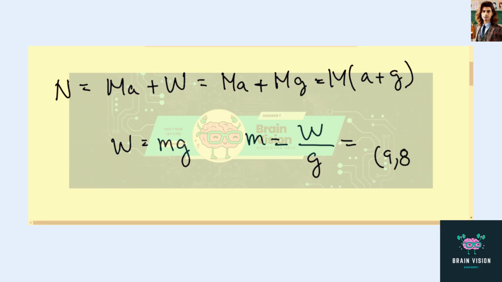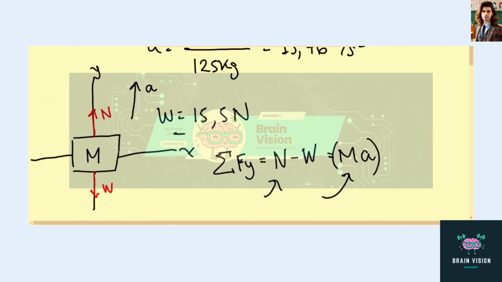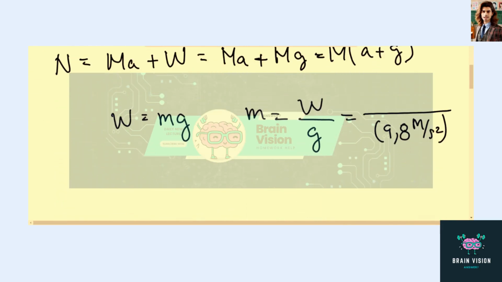We know that the acceleration due to gravity is 9.8 meters per second squared, and the weight we are given, which is 15.5 newtons. So we obtain that the mass of the power supply, capital M, is equal to 1.6 kilograms.